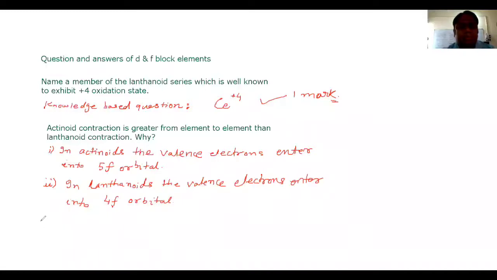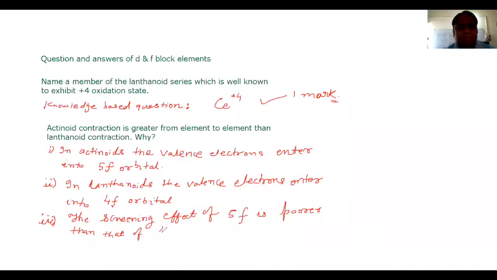So now we'll conclude. Third point, the screening effect of 5f is poorer than that of 4f orbital.